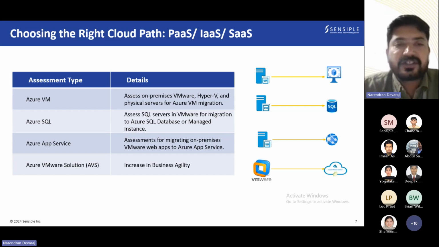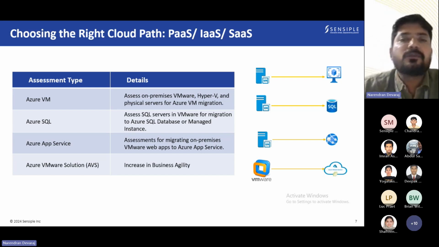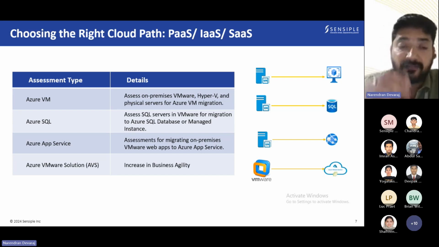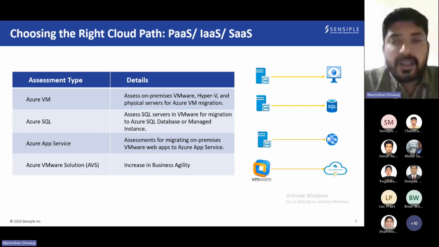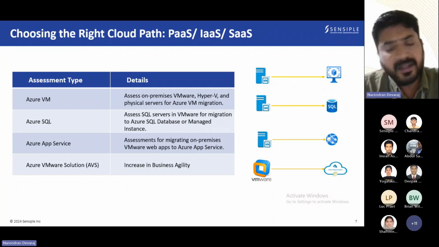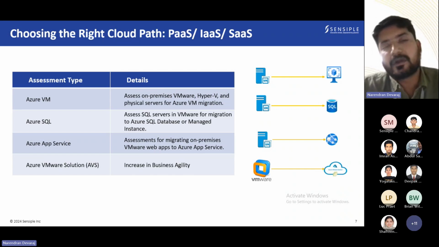Whereas your SQL Server, you can move as a virtual machine in Azure, or you can move it as a managed instance or SQL database in Azure, where you pay only for the utilization that you're doing. So you need not worry about the infrastructure or the complexity of the data and configuring the database. Azure App Service: you might be running your application in IaaS or Apache or Tomcat, whichever app service you are running on-premises.